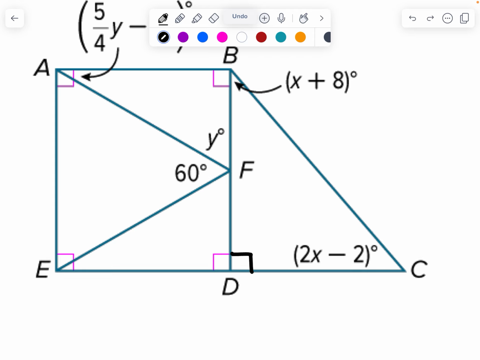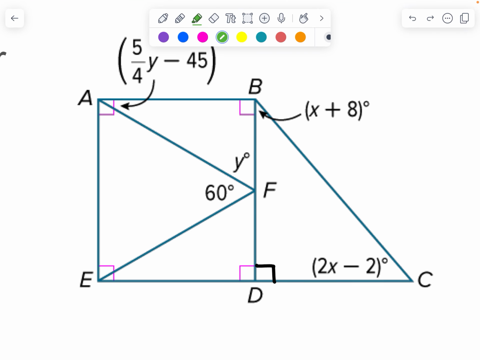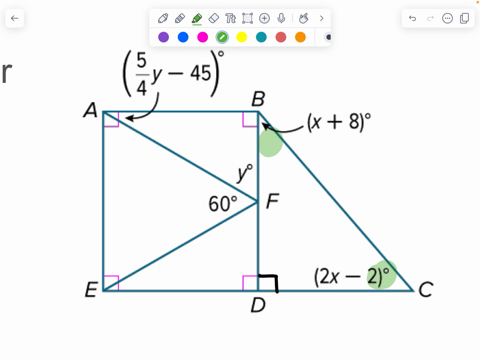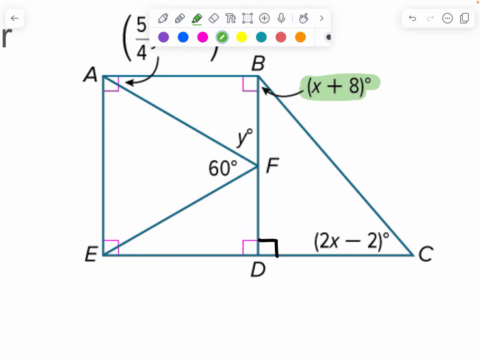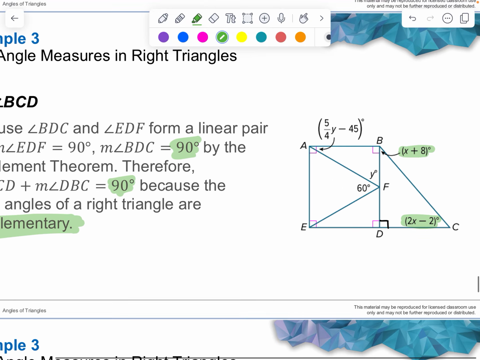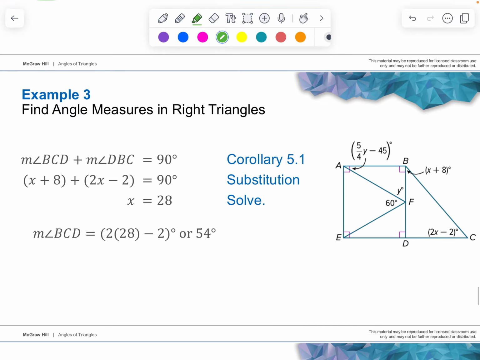Which makes this guy over here a right triangle, which means that these two acute angles over here must be complementary, which means we can add these two together to equal 90, which is what we're going to do on the next screen. Okay, so we're going to set them equal to 90, solve, and get that x equals 28. Then we're going to plug that back in and find out that it's actually 54. Yay. Good.